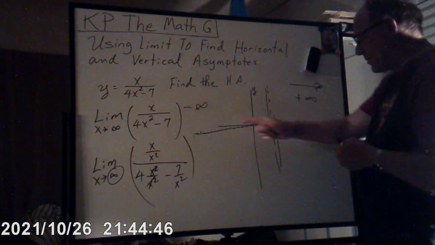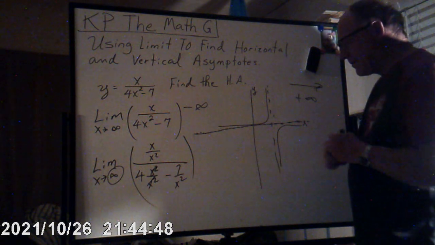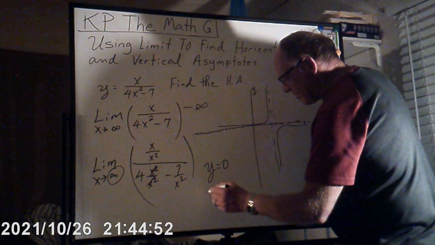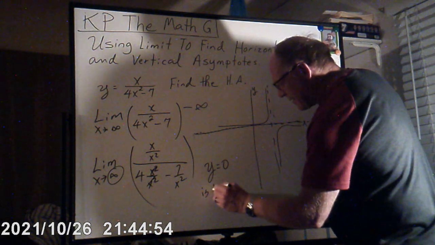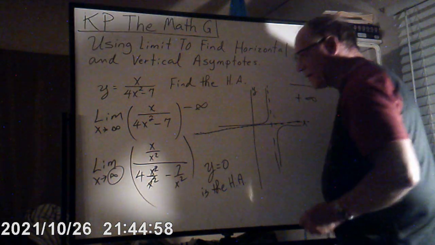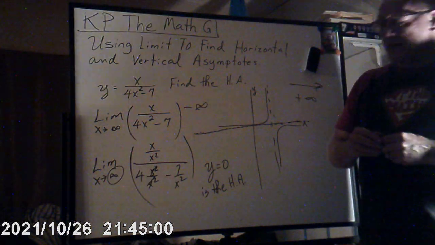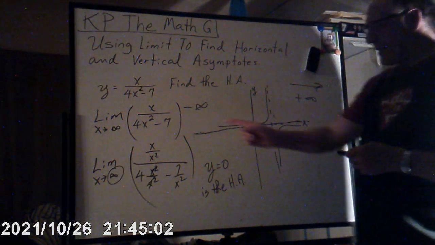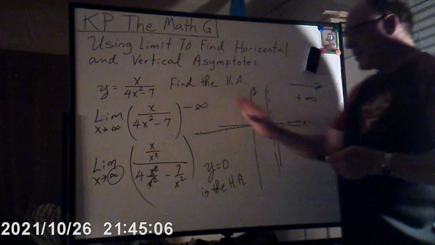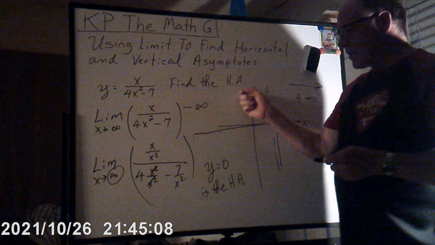All we're looking for is the asymptote. So y is equal to 0 is the horizontal asymptote. I could tell you how to get this later on, but right now we're looking at just the horizontal asymptote.